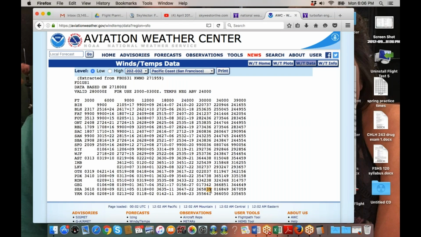Negative 45, with a deviation of 6. But is it ISA plus or minus 6? It's going to be plus 6. Yep. Negative 39 is warmer than negative 45, so ISA plus 6.